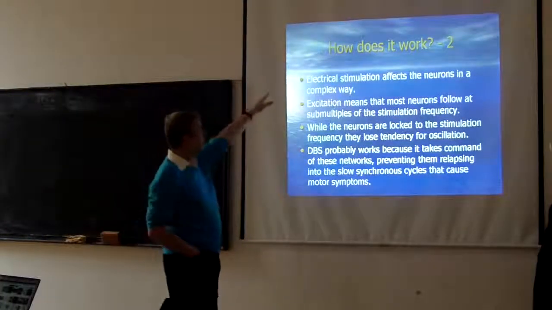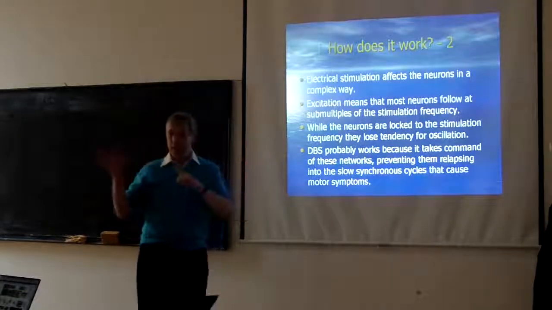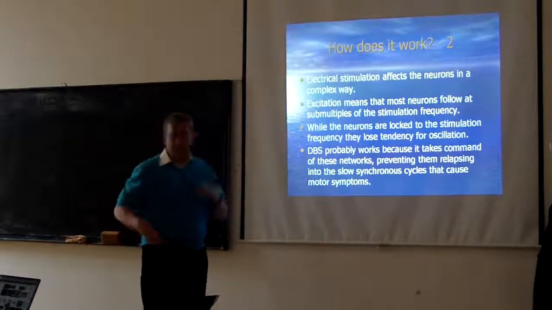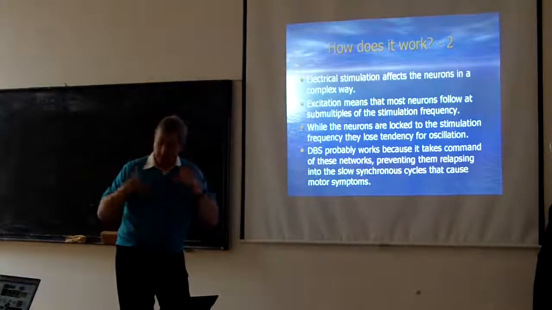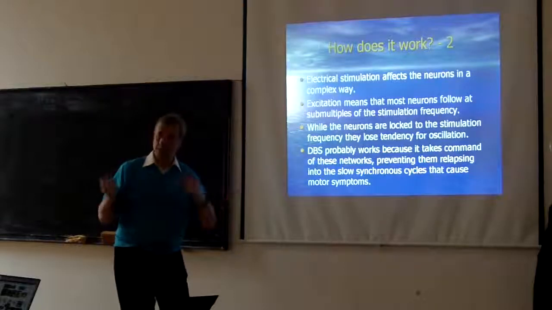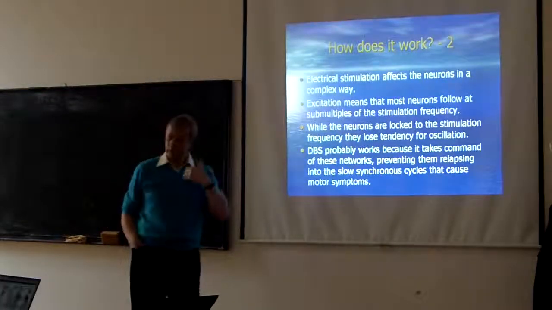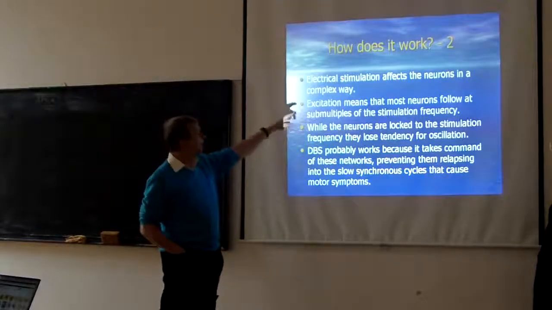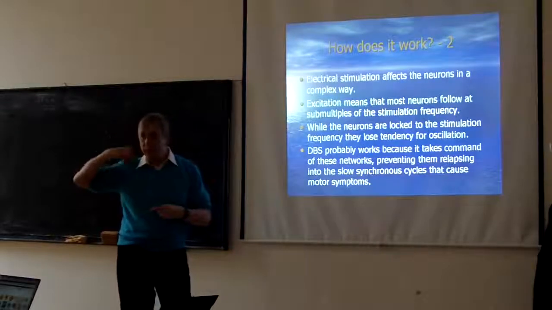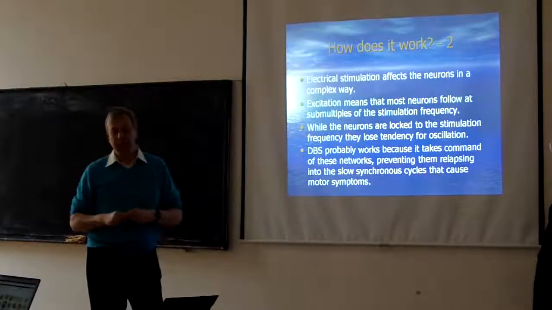The electrical stimulation affects it in a complex way. It can be used as well as the chemical, the dopamine, or instead of it. But typically the person may well have deep brain stimulation and take the dopamine as well. And it seems the stimulation is blocking out some of the oscillations.